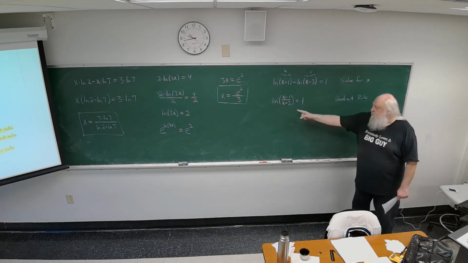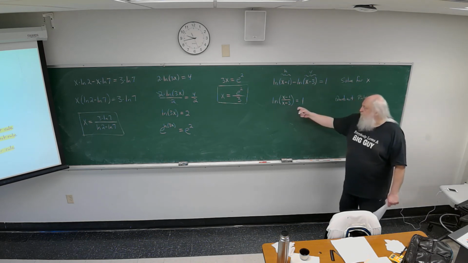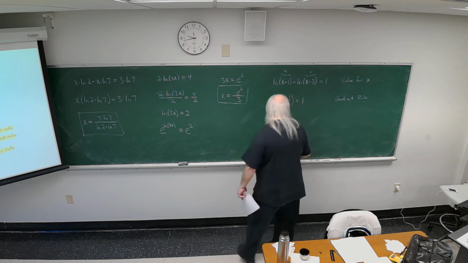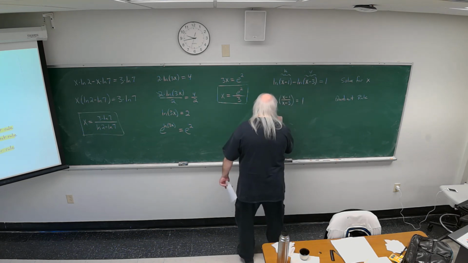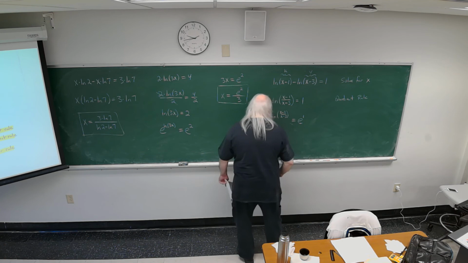Now, since the left-hand side equals the right-hand side, I can make both sides exponents on the number e. So I have e raised to the natural log of x minus 1 over x minus 3 is equal to e to the first power.